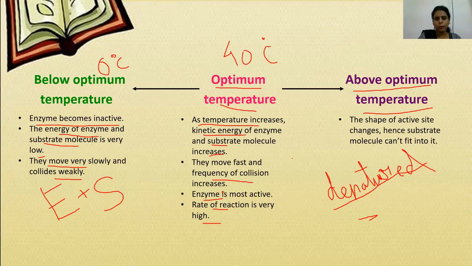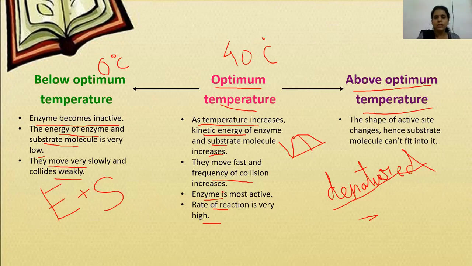If, for example, this is the optimum temperature, from optimum temperature the curve comes down like this. Why? Because the rate of reaction decreases due to the change in shape of the active site of the enzyme, due to increase in the temperature.